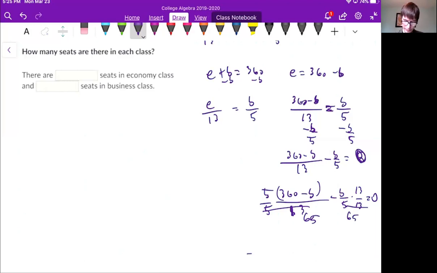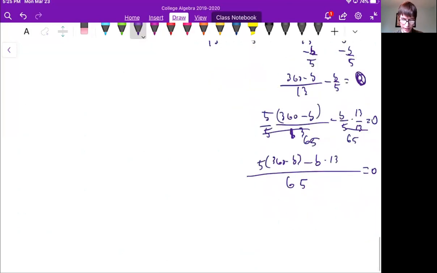So we get equals 0 on the right side, and we get 5 times (360 minus b) minus b times 13, all over 65.